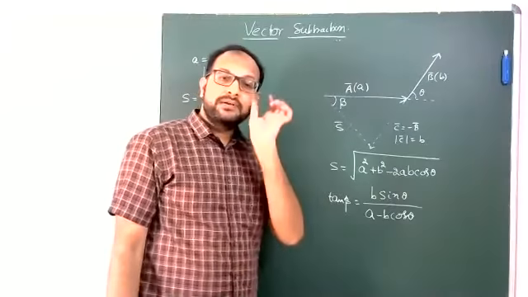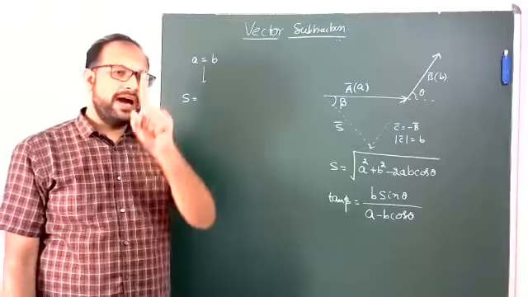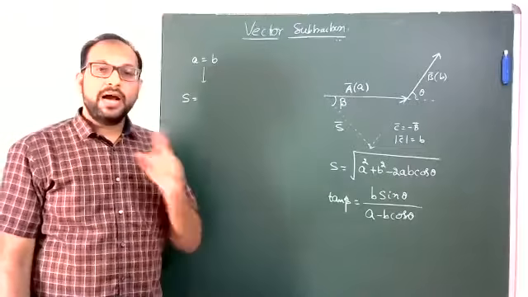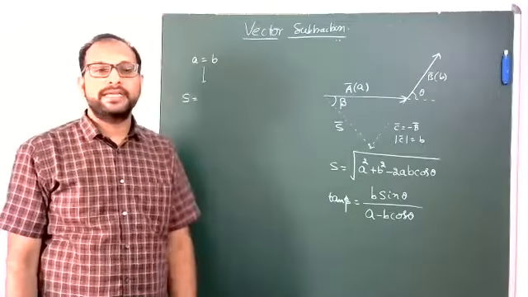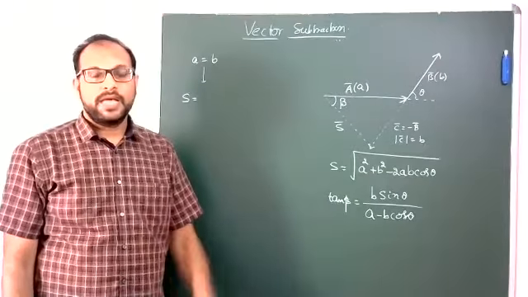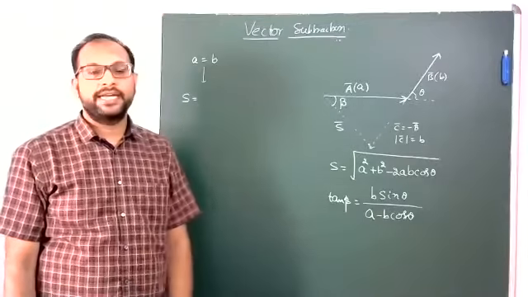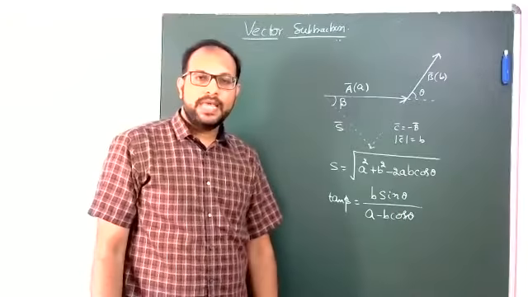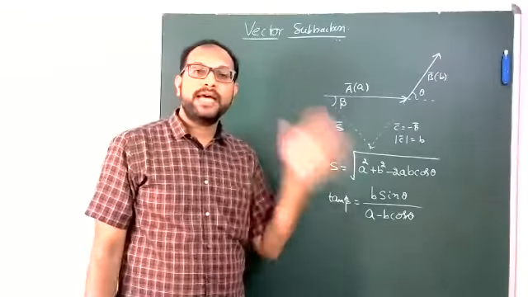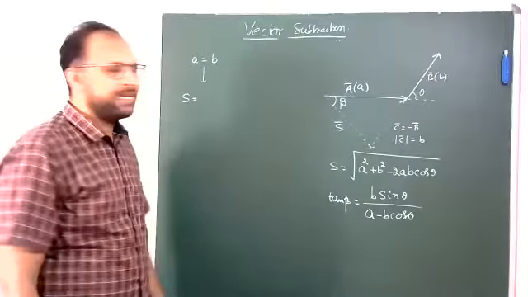1 minus cos theta, from trigonometry. Already our identity is completed: cos 2 theta equals 1 minus 2 sin square theta. That's why 2 sin square theta is 1 minus cos 2 theta. But here 1 minus cos theta is there, that means 2 sin square theta by 2. So already 2A square is there, already root is there.